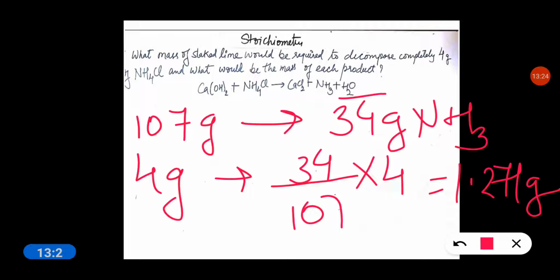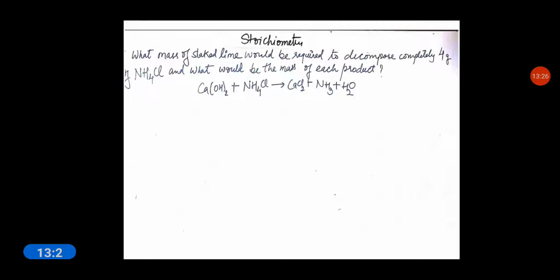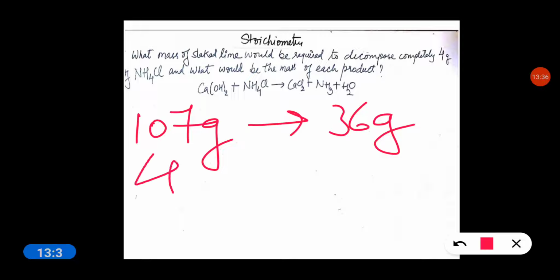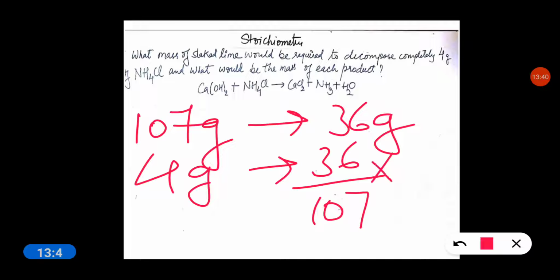Similarly for water, 107 gram NH4Cl gives 36 gram of water. So 4 gram gives 36 upon 107 multiplied by 4. You will get 1.34 gram of water formed.